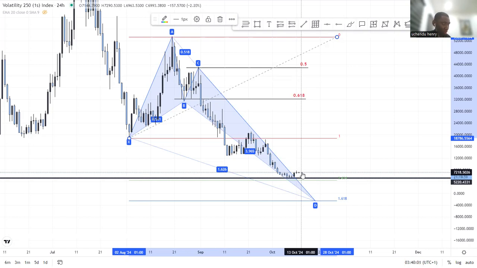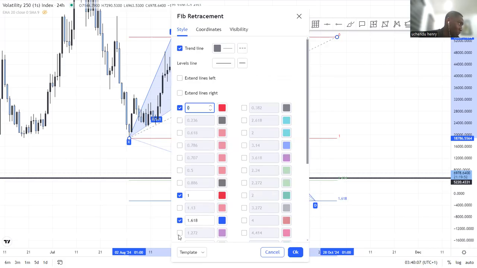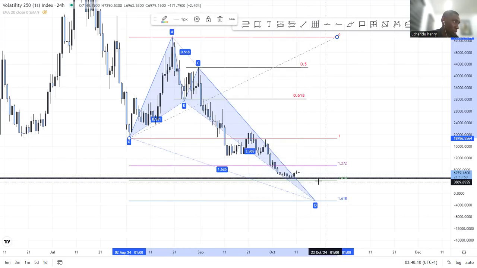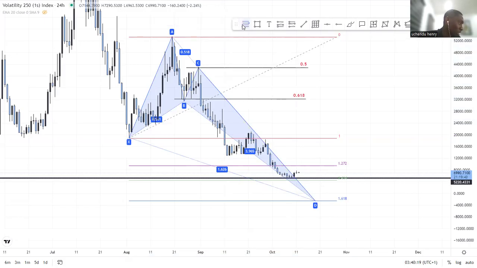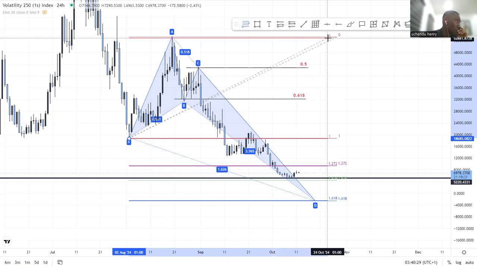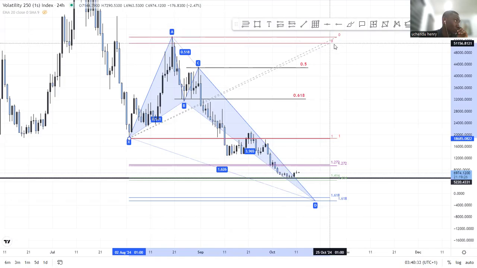Let me look at 1.272. Let me put in the 1.272 measurement again. This is 1.272. If we're looking at butterfly, we need to have 0.786 of S to A, which is this one.